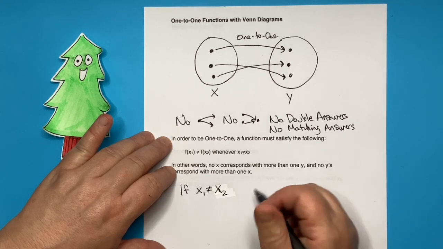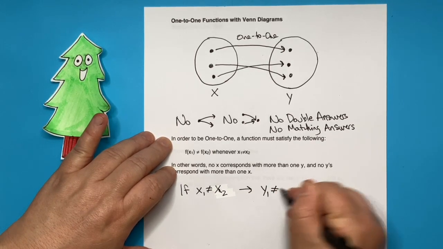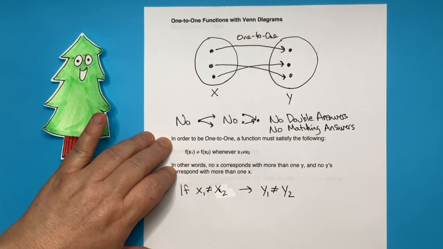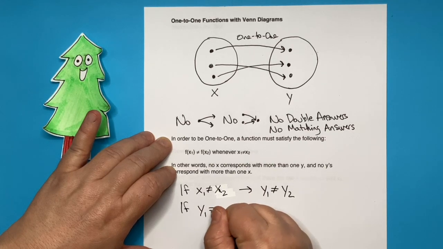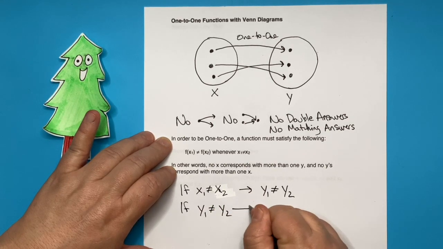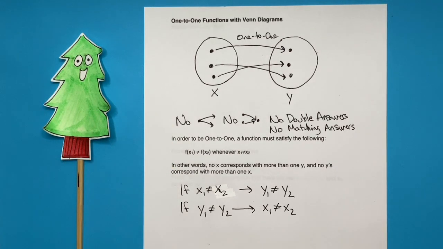If x1 is not equal to x2, then y1 cannot be equal to y2. And if y1 is not equal to y2, then x1 is not equal to x2. So in other words, if the x's don't match, the y's can't match.